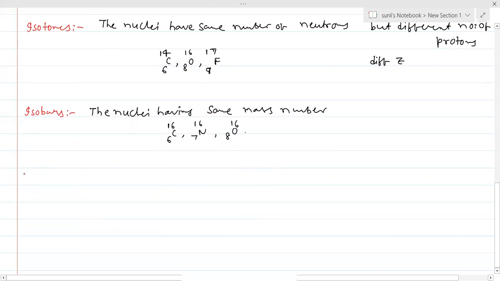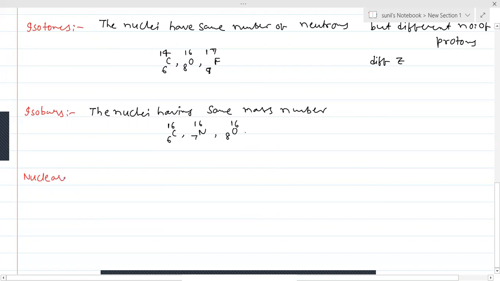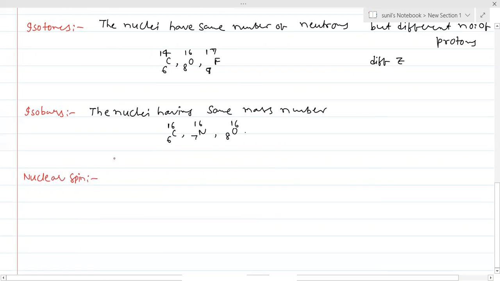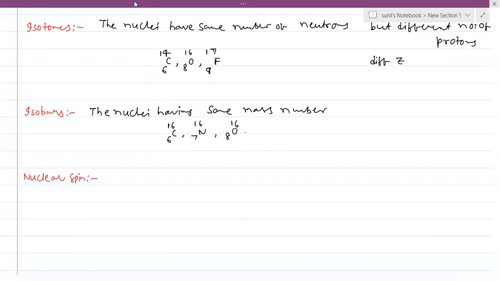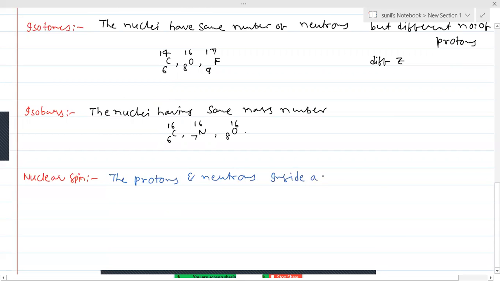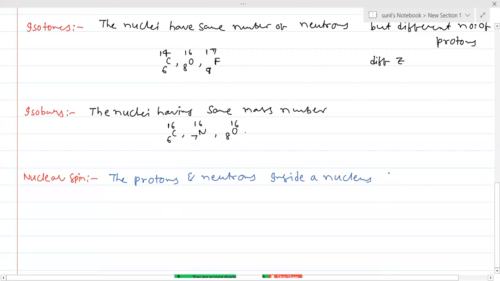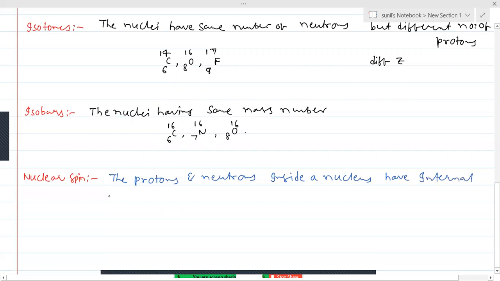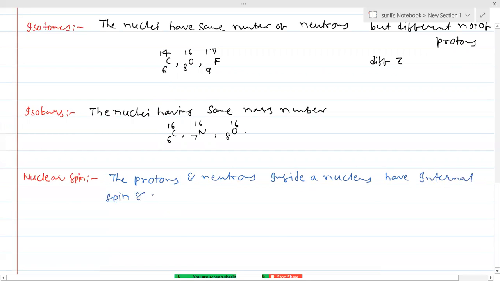And the last thing is nuclear spin. When we think of nucleons, that is the protons and neutrons inside a nucleus, they have internal spin and angular momentum.